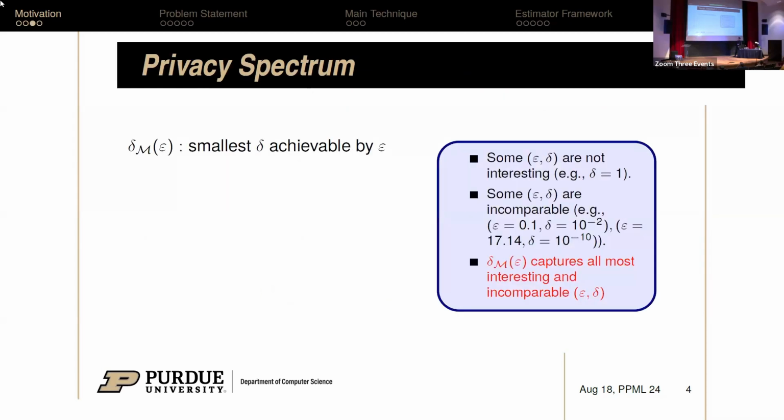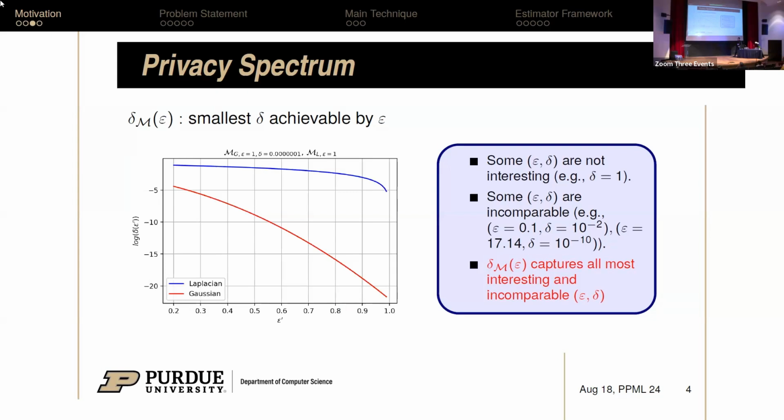Instead of just sticking to one pair of epsilon and delta, we would like to propose a notion called privacy spectrum. It captures all the interesting and incomparable epsilon-delta pairs to give the full privacy spectrum of the mechanism. More specifically, the delta of epsilon is the smallest delta achievable for that epsilon.